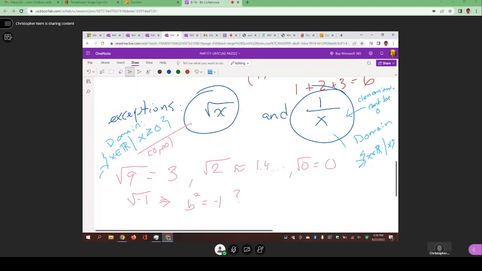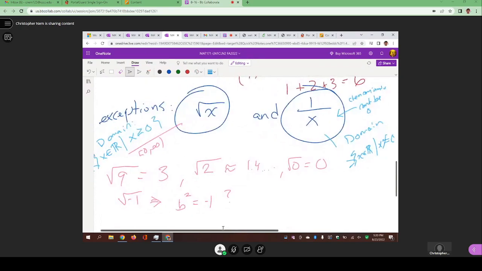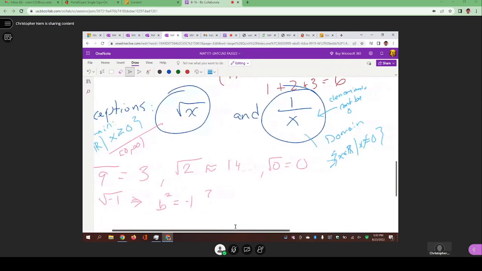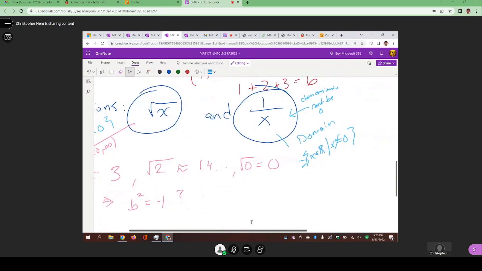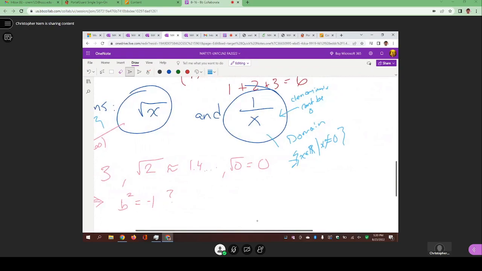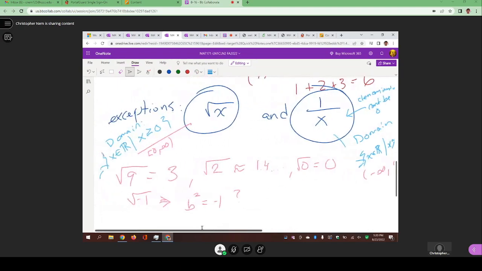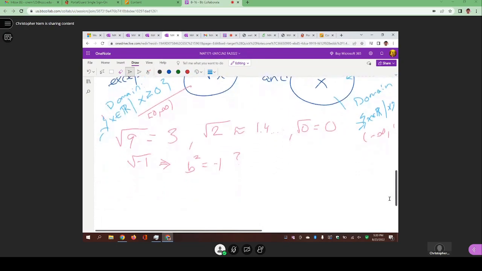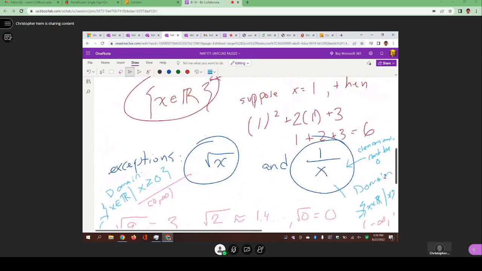You could also write this as negative infinity to 0, union 0 to infinity. That's another way of writing it. You can even graph it. So those are examples of unique domains outside of just being all reals.